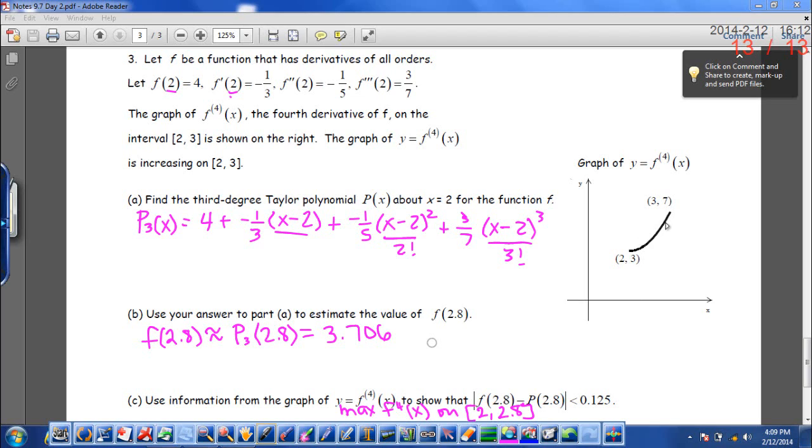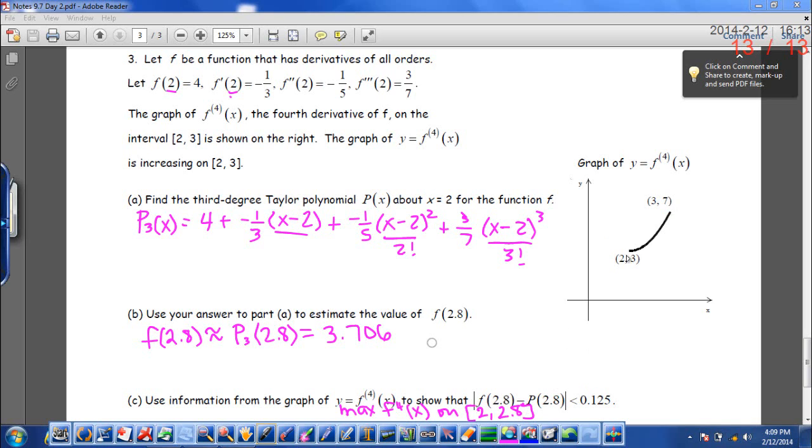But we cannot make a reasonable guess as to what that y value is. So you have to use what you know beyond a shadow of a doubt to be the maximum on this interval. Well, beyond a shadow of a doubt, I know that 7 is greater than any y value on the fourth derivative between 2 and 2.8.